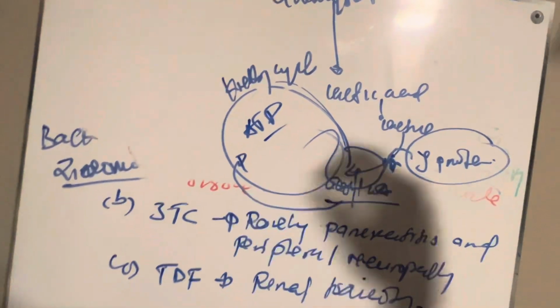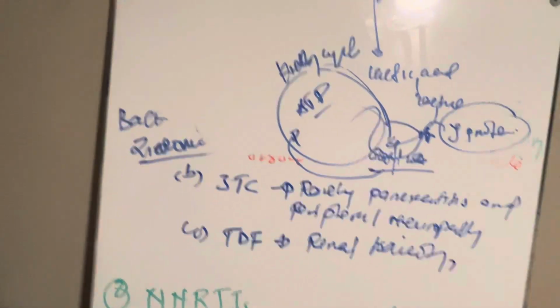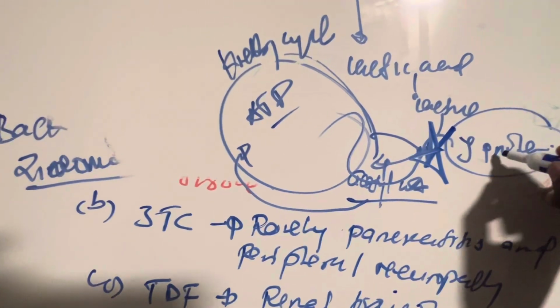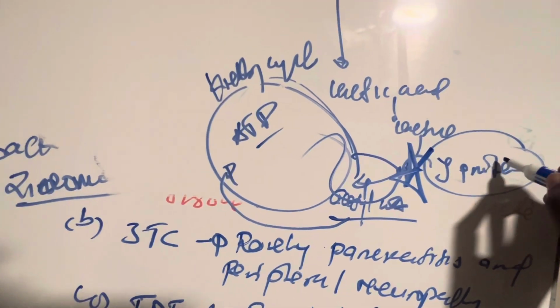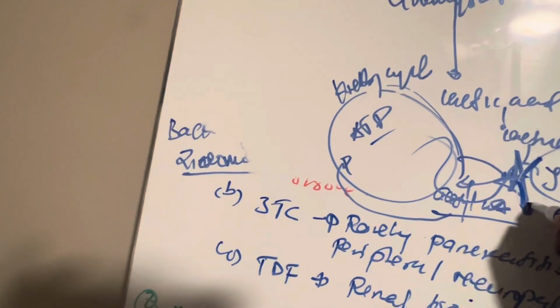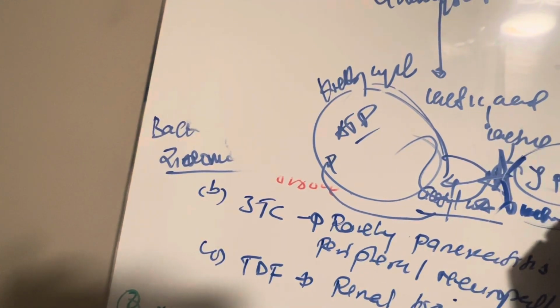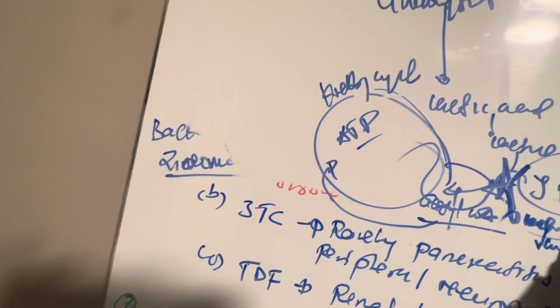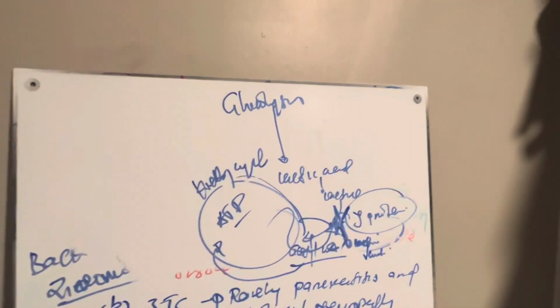So there are a series of biochemical events. Zidovudine inhibits these gamma proteins. As a result, lactic acid accumulates, leading to lactic acidosis. I won't go much into details.